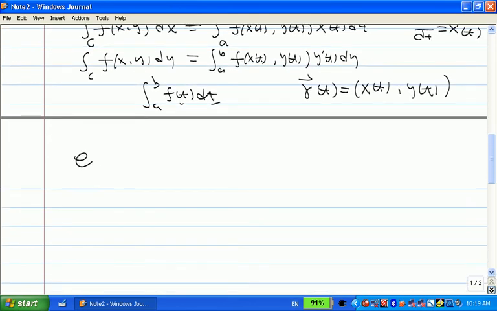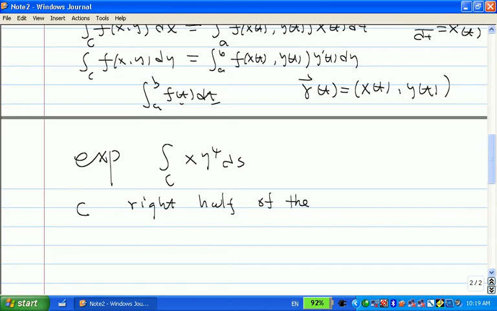Okay, first example. We want to evaluate this line integral over C of x y to the fourth ds. My C here is the right half of the circle x squared plus y squared equals 16.